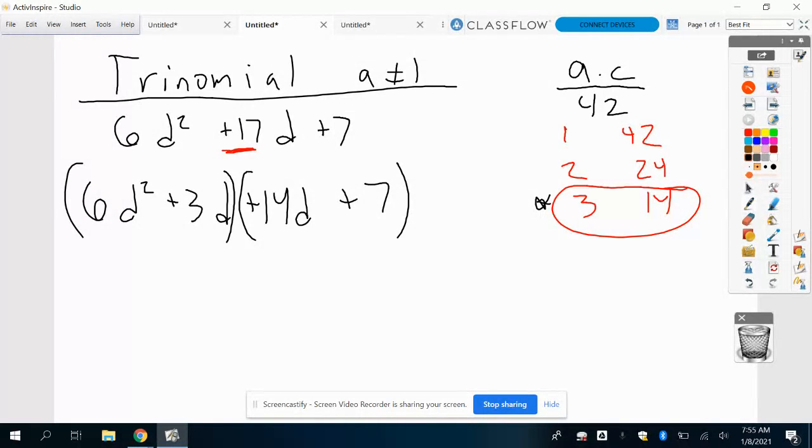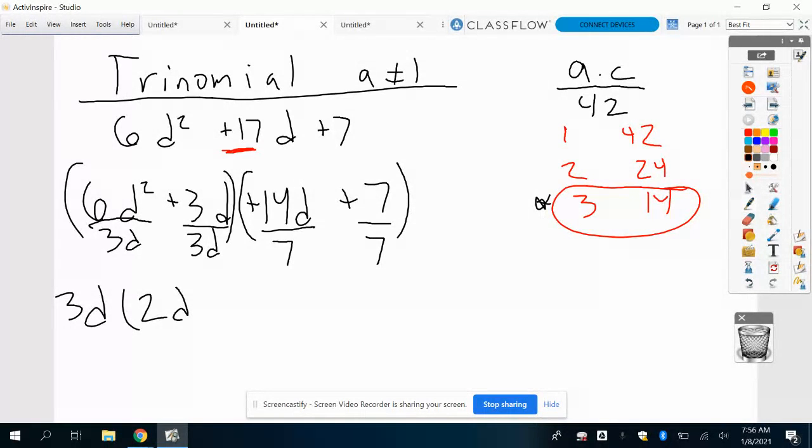The GCF of these first 2 terms is 3d, and the GCF of the second 2 terms is 7. So you take out the 3d, and left inside is 2d plus 1. Take out the plus 7, and again, left inside is 2d plus 1. You know you did it correctly if you have the same thing inside your parentheses.